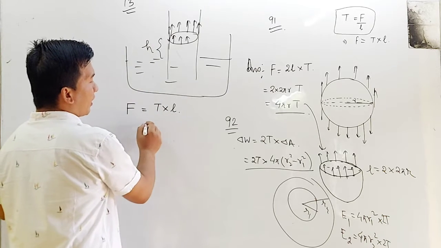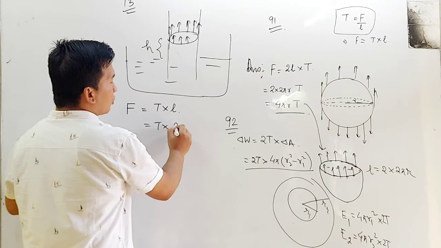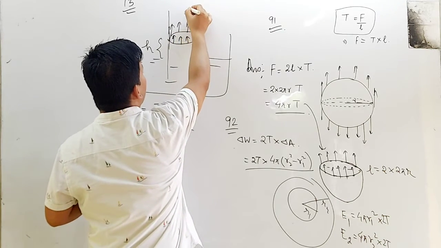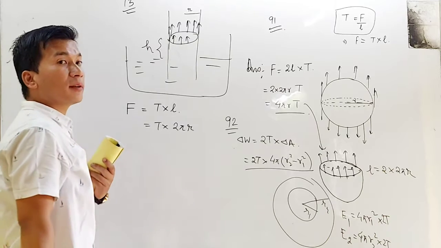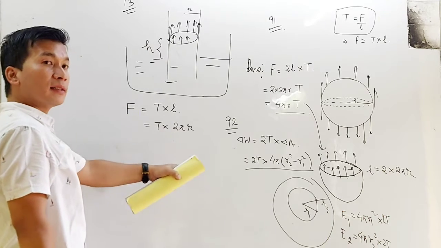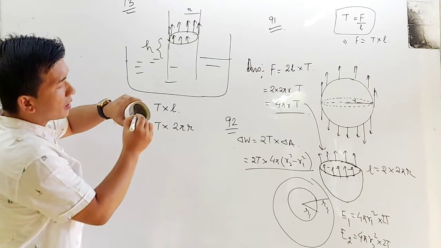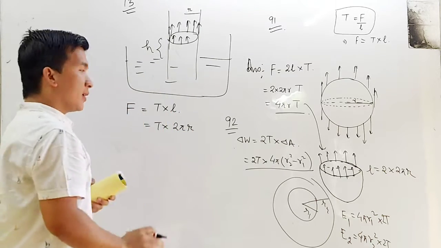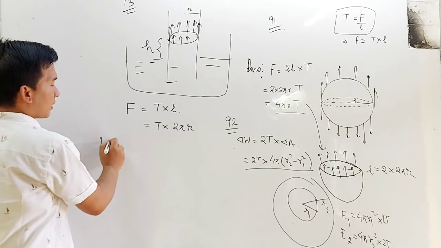Here the length is 2 pi R, so the force is T into 2 pi R. It is provided that the radius of the capillary tube is small r, so the circumference will be 2 pi r. Now what will be the work done?